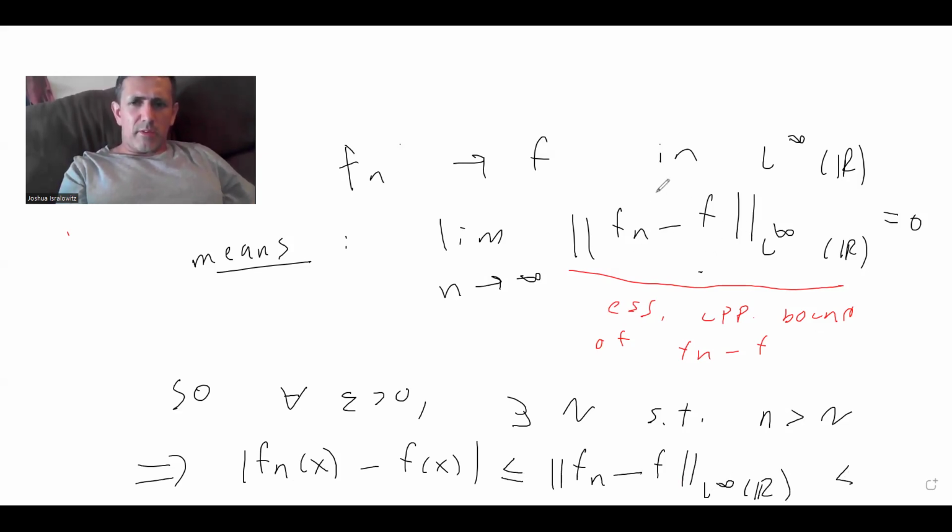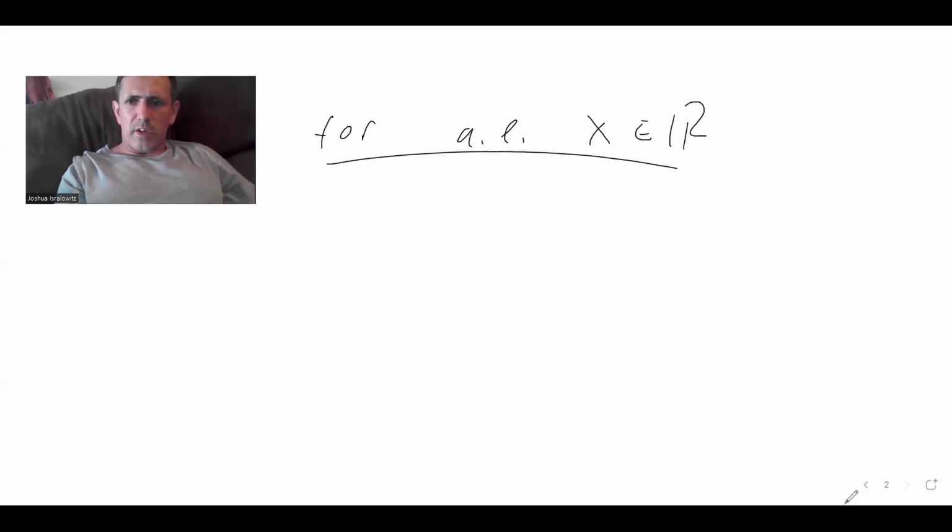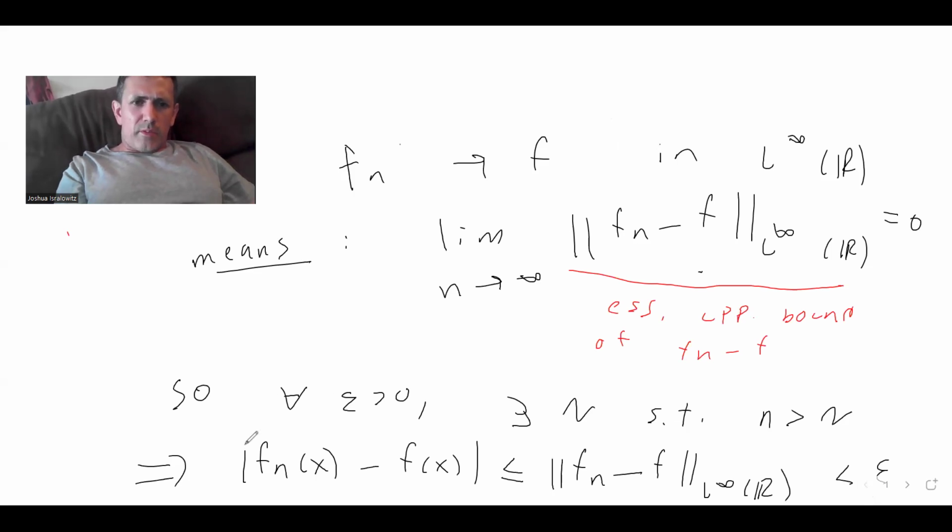And just by regular convergence of a sequence of non-negative numbers to 0, this is less than epsilon. And so the key here is that this holds for almost every x in R. But what this means is for each n, the set where this is false has measure 0.